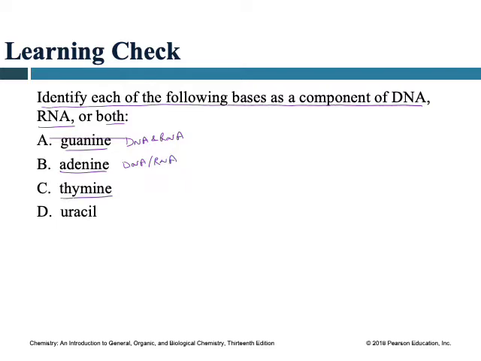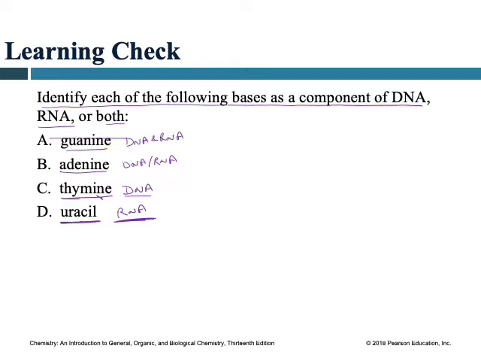Thymine is present in DNA only, not in RNA. Uracil is present in RNA. Right. So this is how you normally identify which bases are present in which nucleic acid. So remember this: uracil is always present only in RNA, whereas thymine is present in DNA, right?